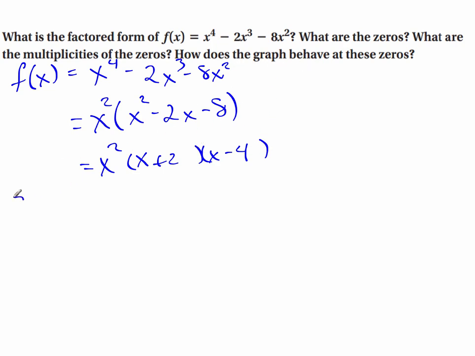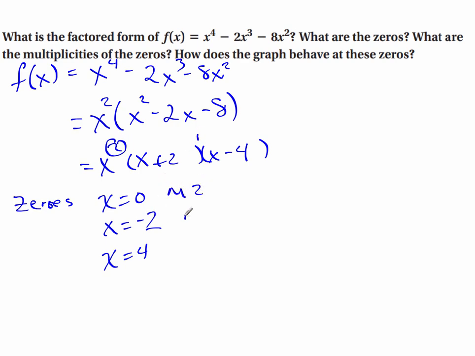What are my zeros? The zeros are when x is 0, x is equal to -2, and x is equal to 4. What are the multiplicities? The multiplicity of x equals 0 is 2.